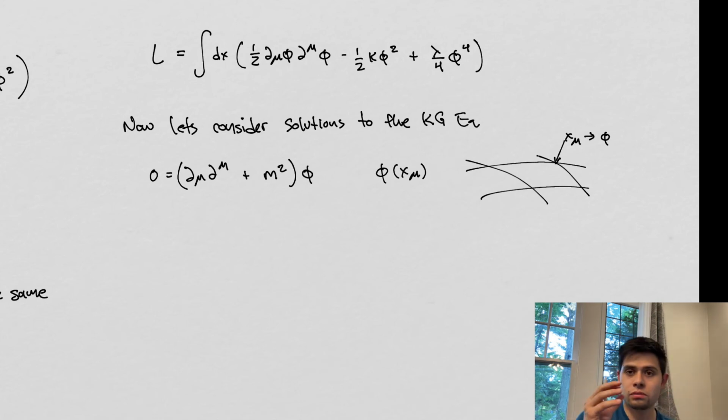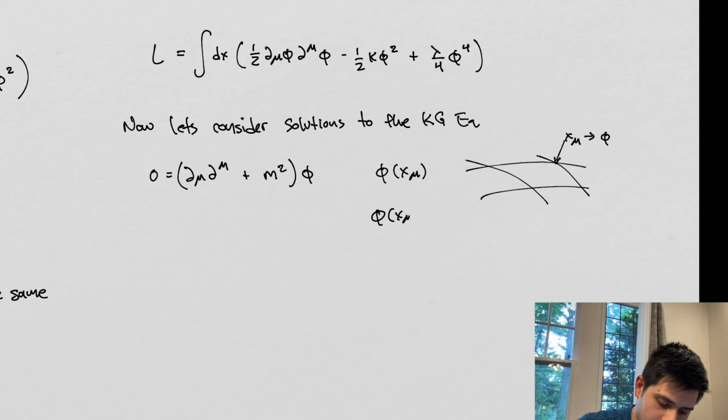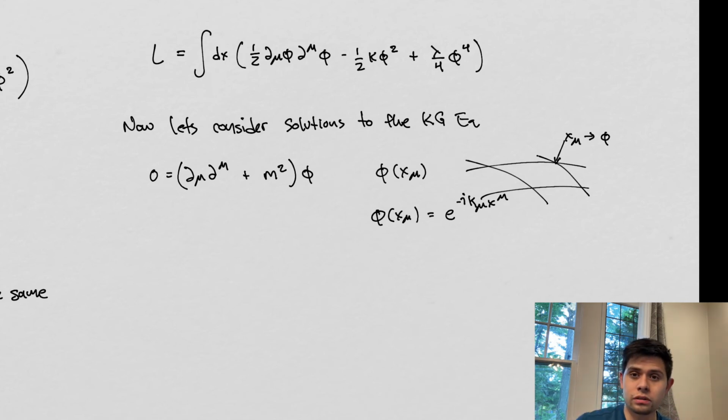And let's propose that phi of x mu takes the following form: e to the minus i k mu x mu. Right, so we're proposing this.